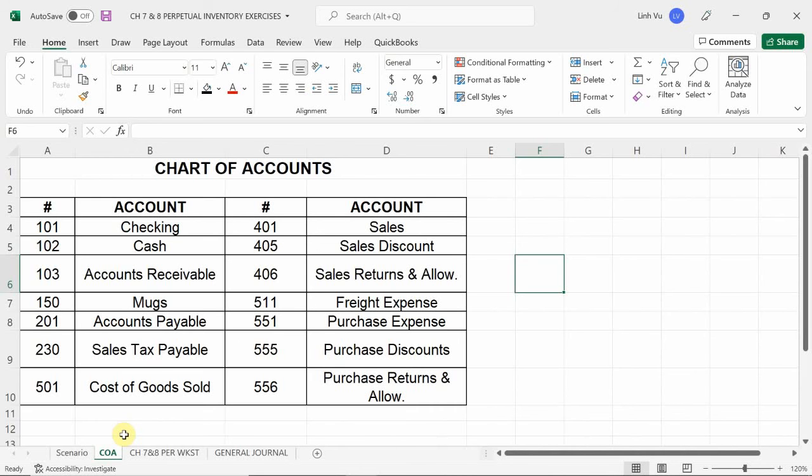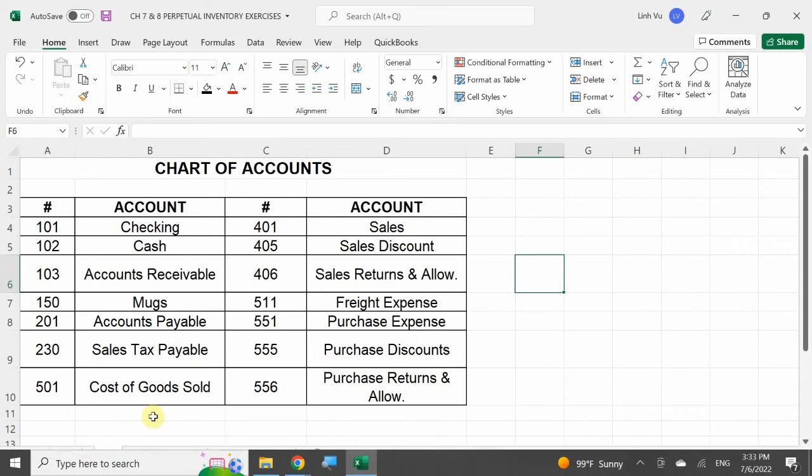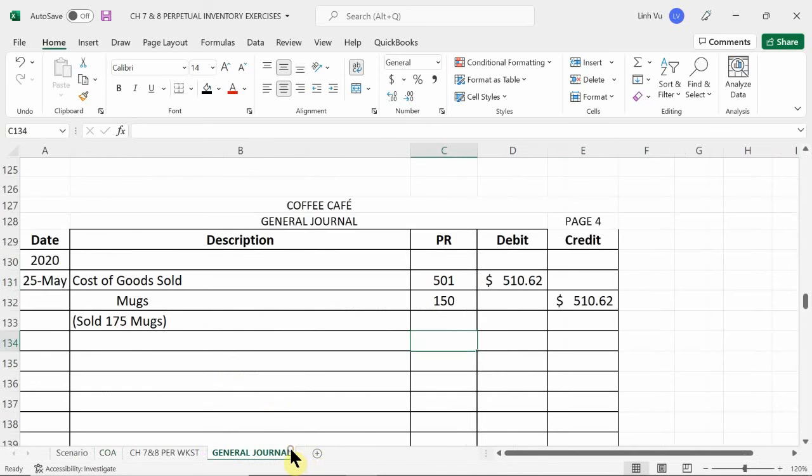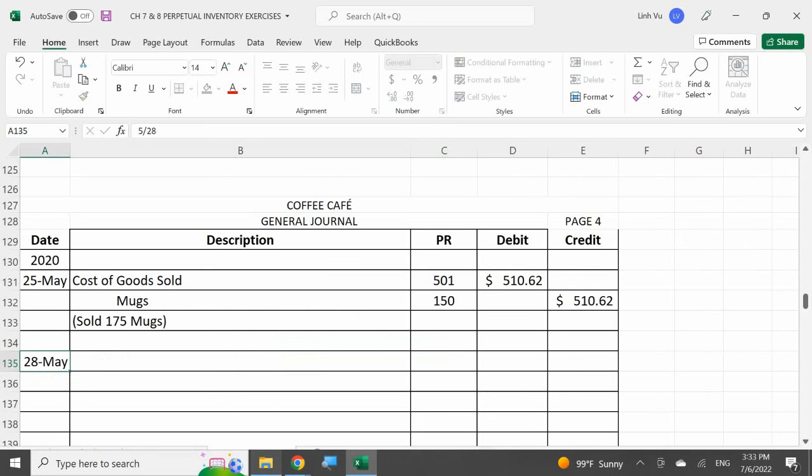That money is them paying for what they buy from you from a credit card company. So they're transferring money from their credit card account to your checking account. So in this case, that is correct. It's going straight to checking. Okay. On May 28th.